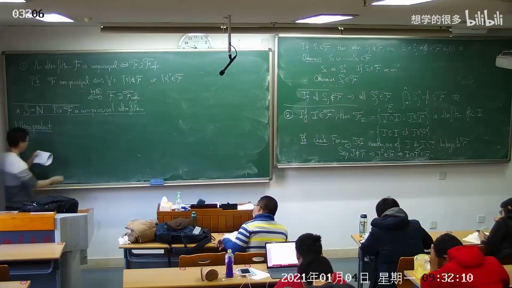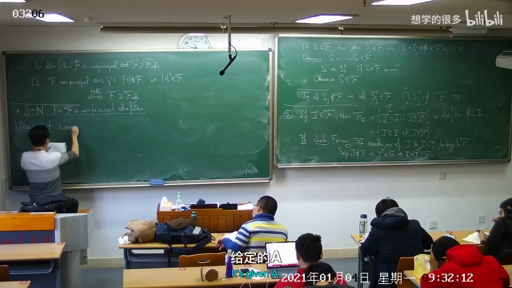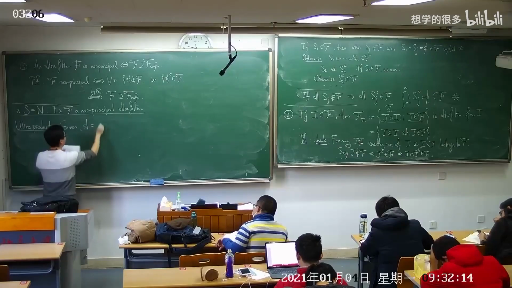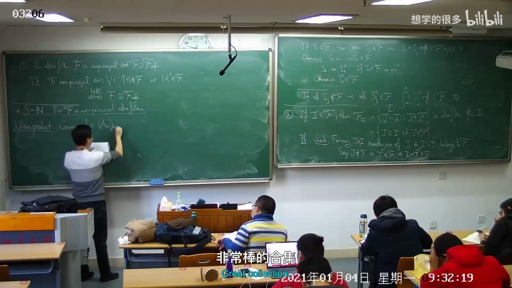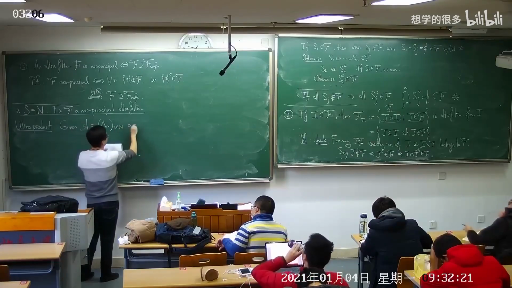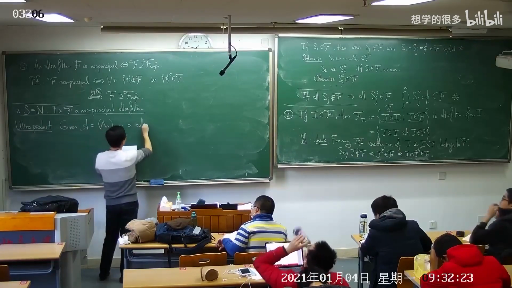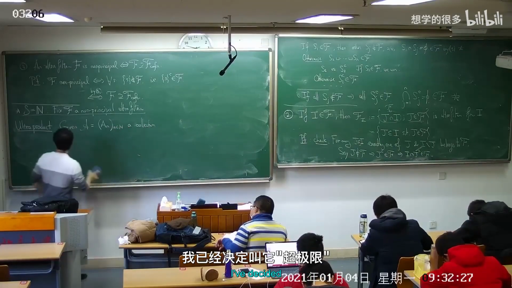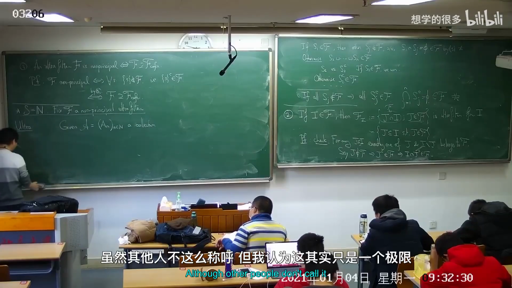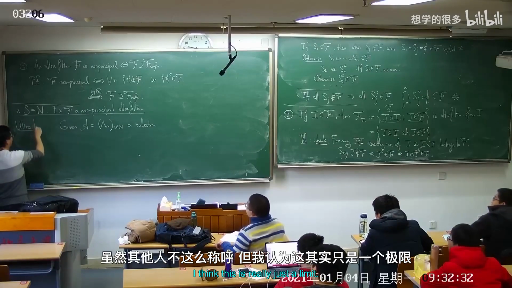So, given a collection A... You know what? I've decided I'm going to call it ultra limit, because although other people don't call it this way, I think this is really just a limit.